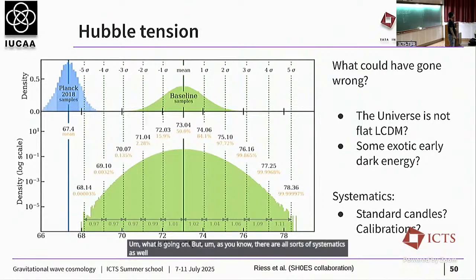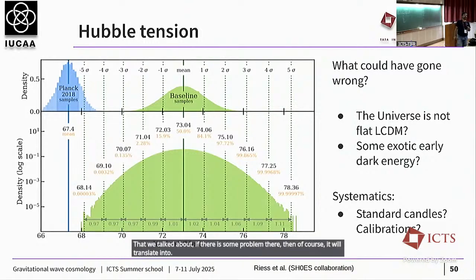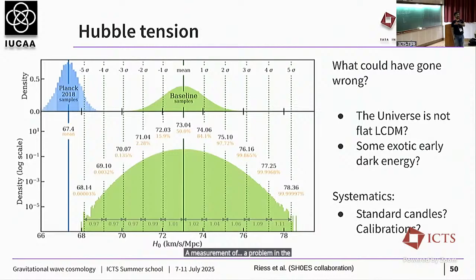When you looked at standard candles, even if one of these rungs of the distance ladder that we talked about has some problem, then of course it will translate into a problem in the measurement of the Hubble constant. And if that's the case, then again you can start to see these discrepancies. So what exactly is going on is one of the biggest puzzles that remains now.